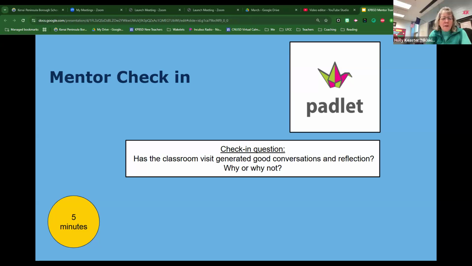How do you write on the Padlet? You should be able to double click and it'll let you. There's typically a plus button.